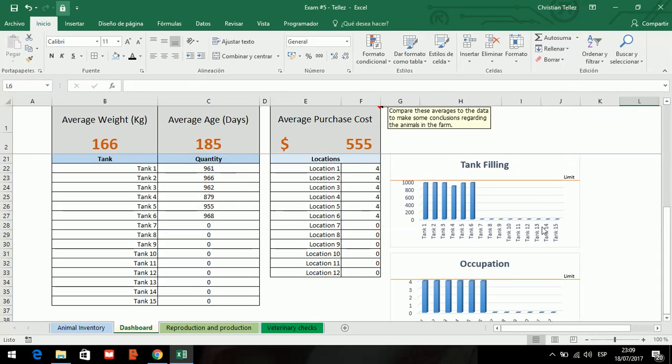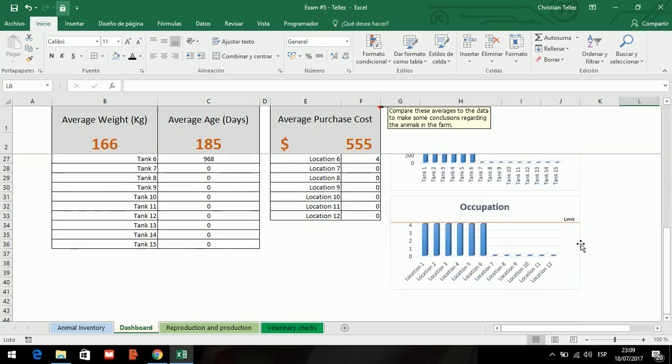So we can see graphically what our availability for tank filling is. Obviously, all this milk will be sold in the future, so we have to unfill those tanks in the near future. And here we have the occupation.